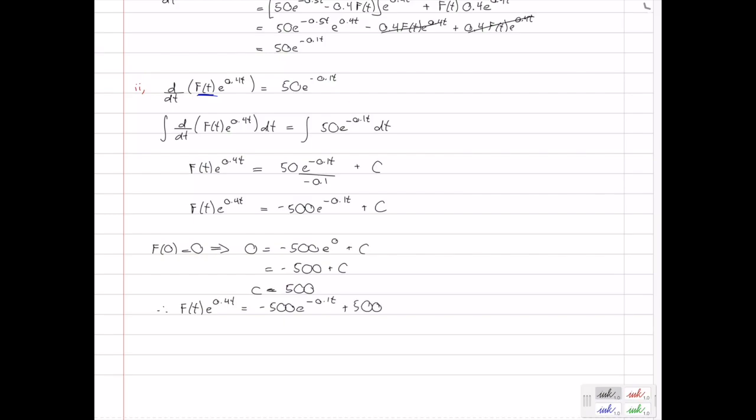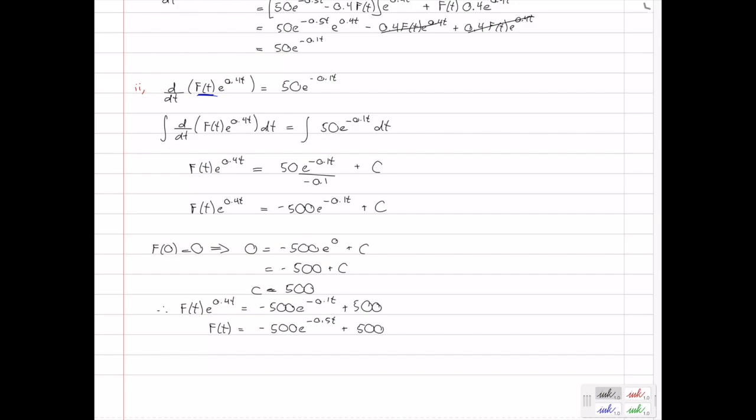Now I just want f of t by itself, so I'm going to divide by e to the 0.4t, and that'll give me minus 500. When I divide, I subtract my powers, so that means it's going to be minus 0.1t minus 0.4t, which would be minus 0.5t. And this one here is going to be 500.